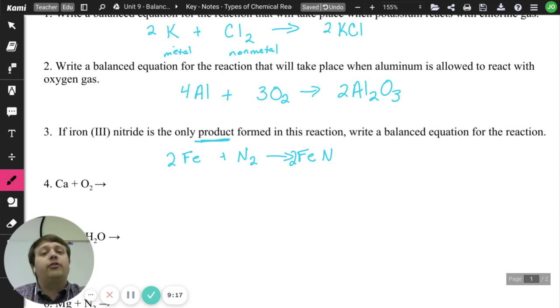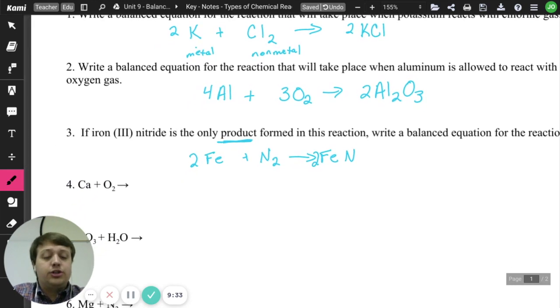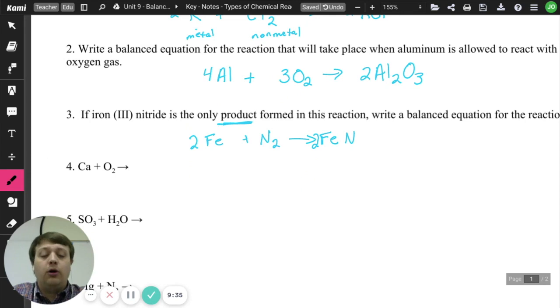So essentially we just took this and we worked backwards, right? We knew that we ended with that common ionic compound, and so we knew that we started with the pure metal and the pure nonmetal. Okay? All right. So now I want y'all to go ahead and give number 4 a try.